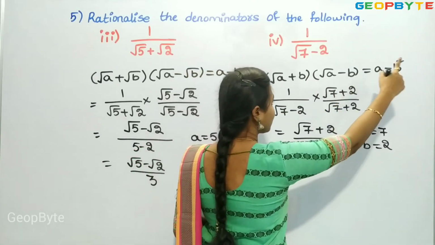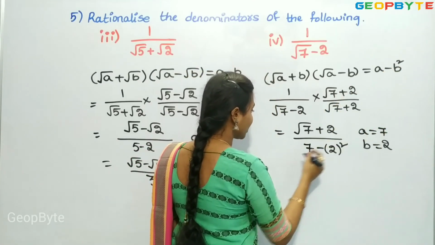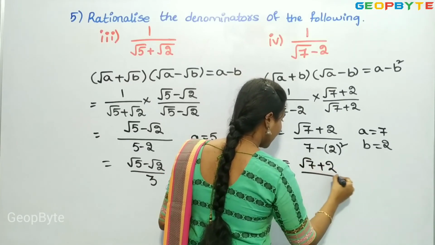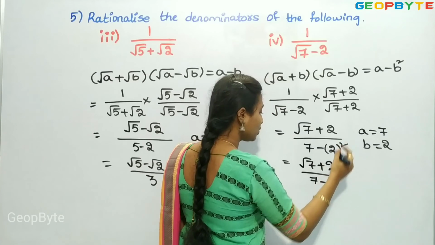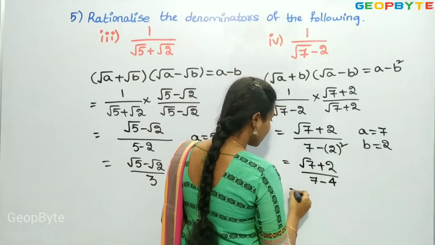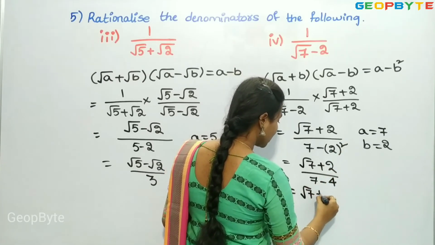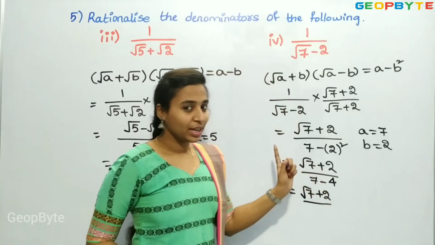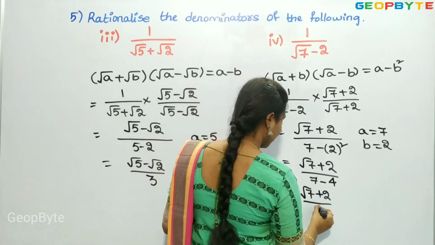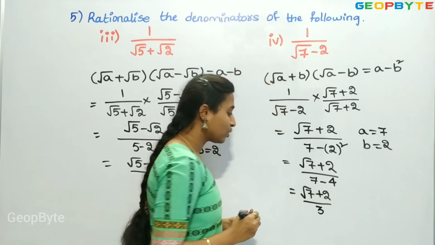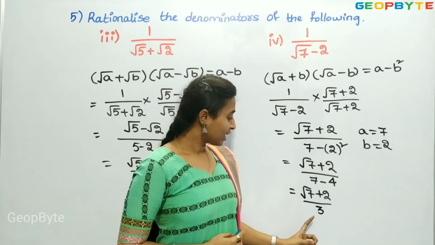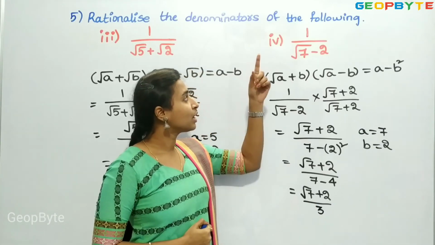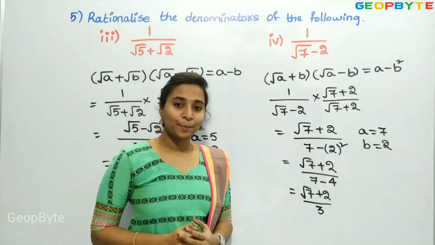Now A minus B square is nothing but 7 minus 2 square. So root 7 plus 2 by 7 minus 2 square is nothing but 4. So root 7 plus 2 by 7 minus 4 gives you 3. So we got a rational number in the denominator. Therefore, we have rationalized 1 by root 7 minus 2.